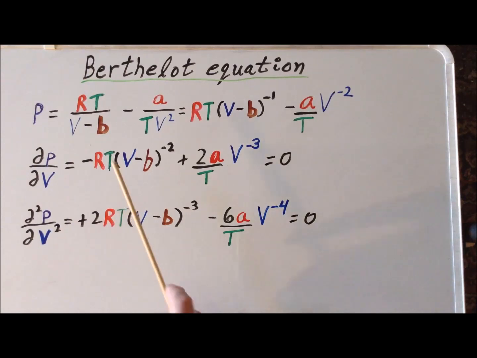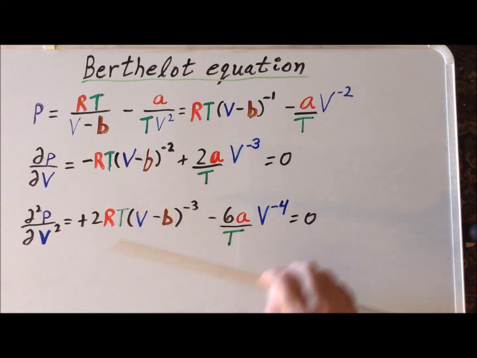So that's what we're going to do. We're going to solve each of these expressions in terms of RT squared, and then since each will be equal to RT squared, we'll set those expressions equal to each other and then solve for the critical volume.